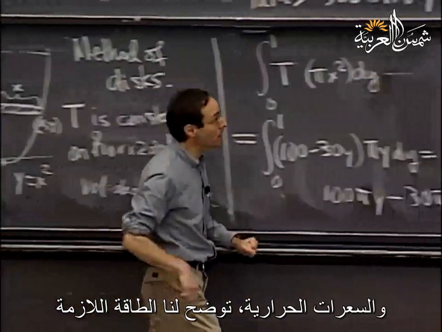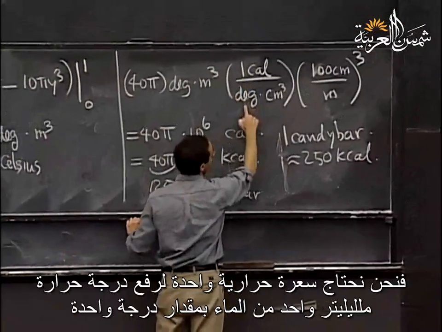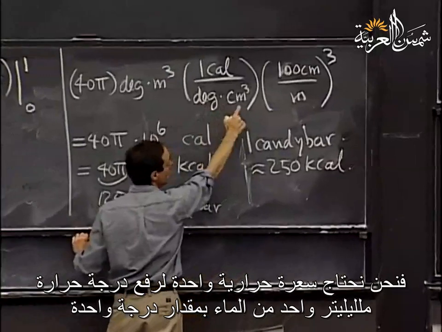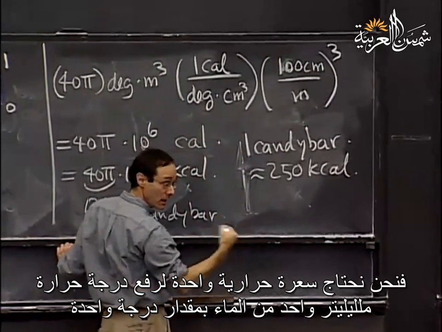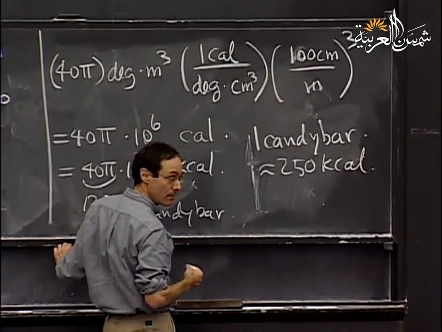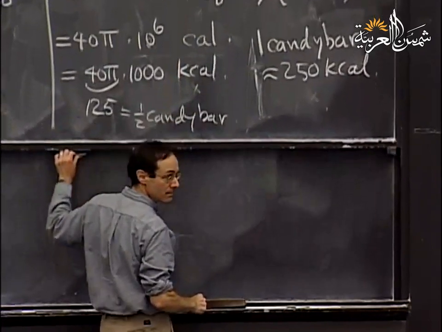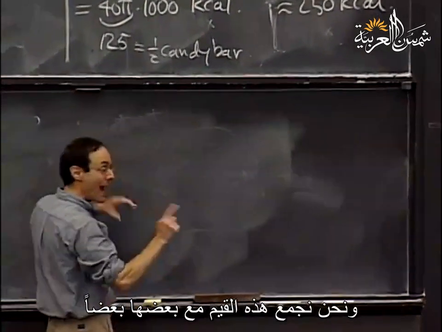And 1 calorie represents how much it takes to raise by 1 degree 1 milliliter of water, 1 cubic centimeter of water. That's the definition of a calorie. And we're adding it up.